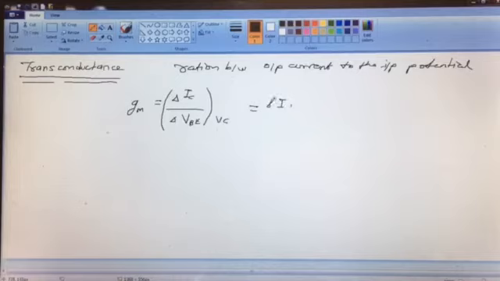It can be written as change in IC upon change in IB, into change in IB upon change in VBE.